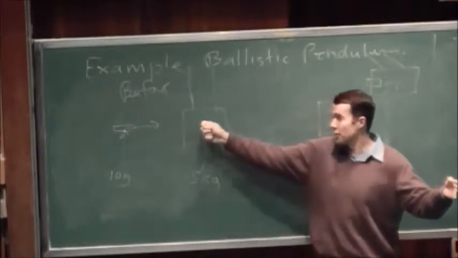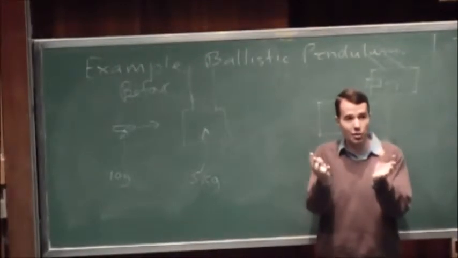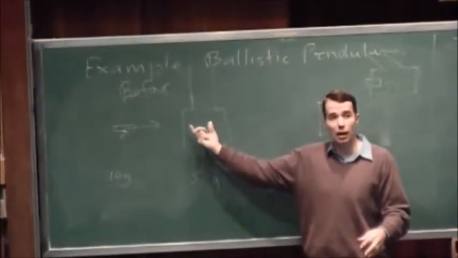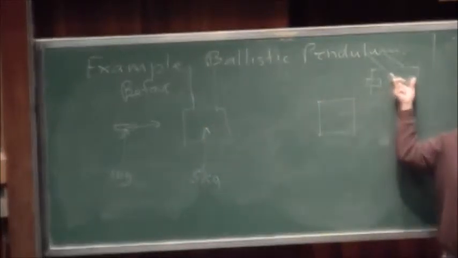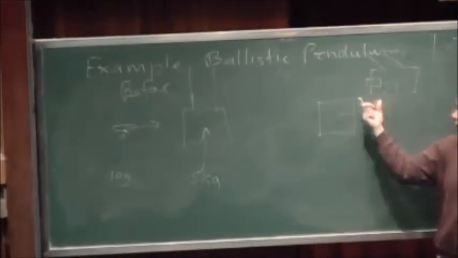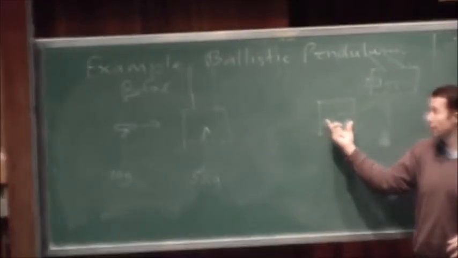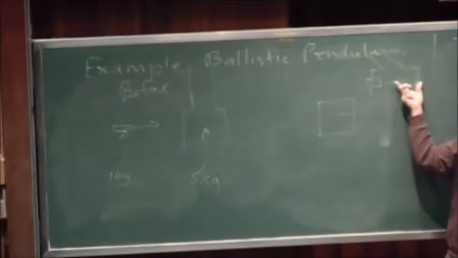Then it's going to be lodged in this block of wood. Then we're going to find the momentum of the total system. Then we're going to change this from kinetic energy into potential energy as this goes up. And we're going to assume that once it gets lodged in that block, the kinetic energy is all transferred into potential energy.